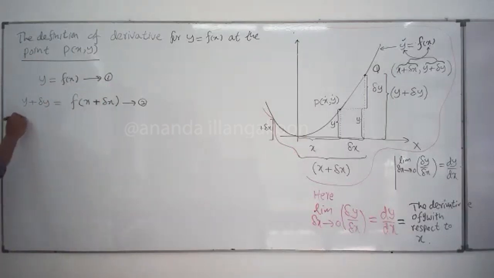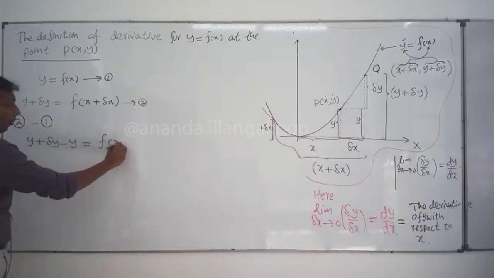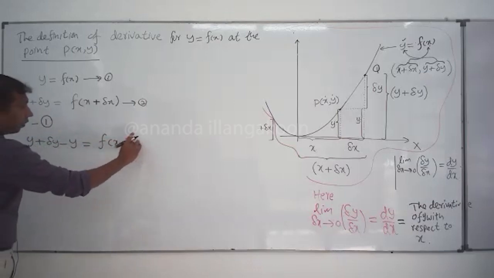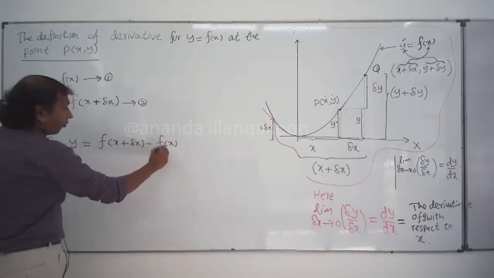Take 2 minus 1: y plus delta y minus y equals f of (x plus delta x) minus f of x.